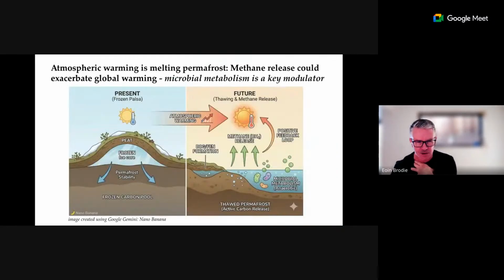And the context for this is atmospheric warming, melting permafrost. If you're not familiar with permafrost, these are ice lenses that are formed at high elevations or high latitudes. With atmospheric warming, these ice lenses melt and the landscape subsides.